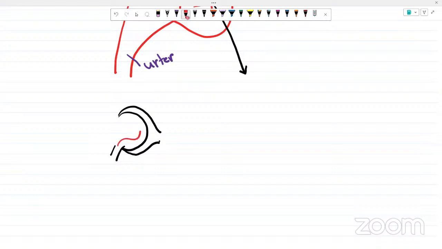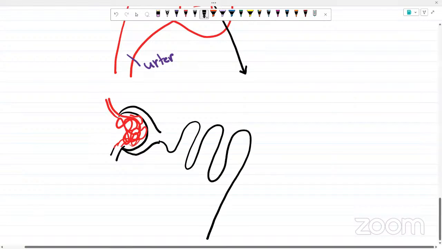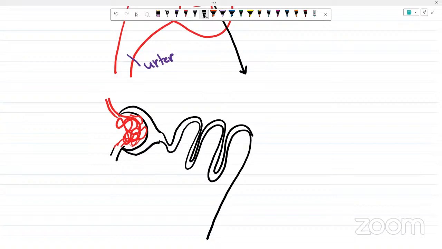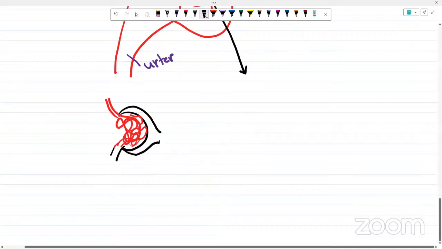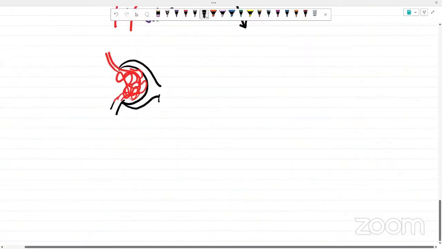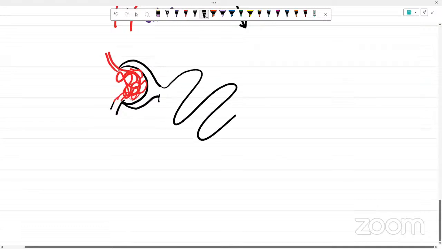This part is the glomerulus, a knob of capillaries and arterioles. Then the Bowman capsule. Then we have another tubule, folded like that, called the proximal convoluted tubule.